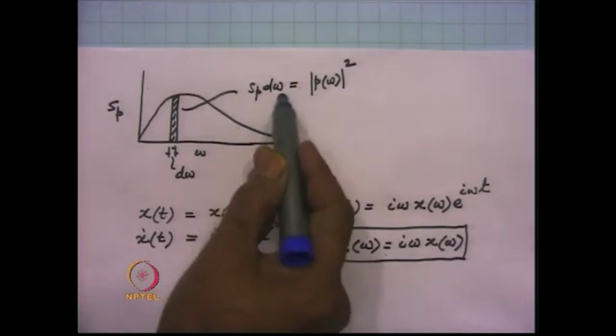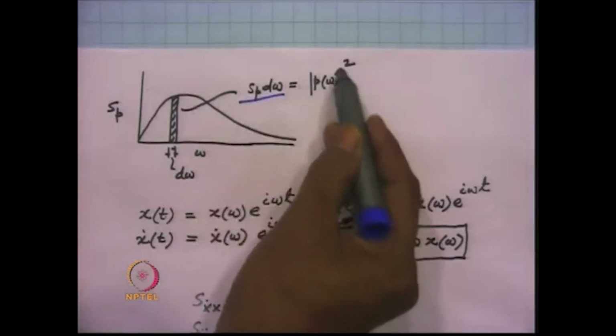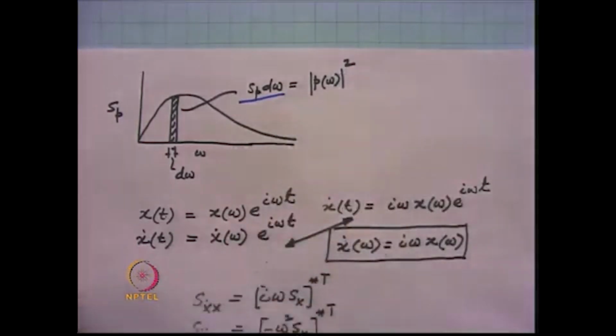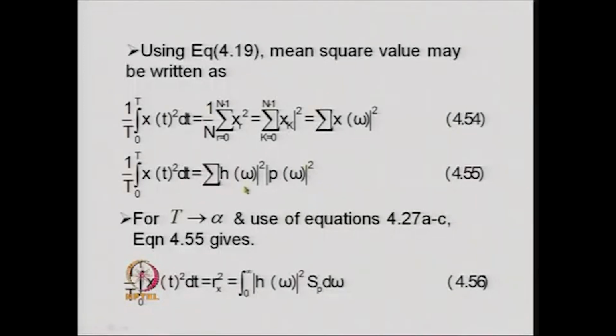So, Sp d omega and p(omega) absolute square can be related, and using that relationship, in this particular equation we have replaced the absolute value square of the excitation at omega by Sp d omega. So, the mean square value of the response can be shown to be equal to the product of these two.